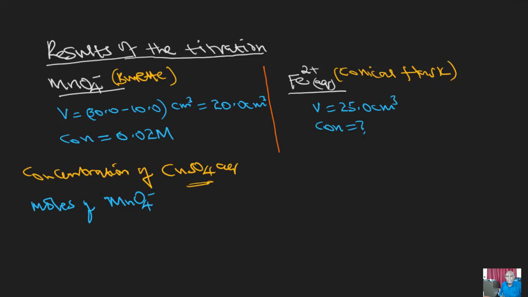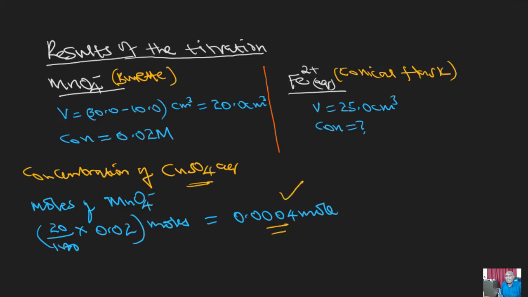So moles of manganate 7: the volume is 20, so we divide by 1,000, multiply by the molarity, which is 0.02, and those are the moles of manganate 7 which we have titrated, and the value is 0.0004 moles. With the equation, we can know the moles of iron 2 which have been titrated.